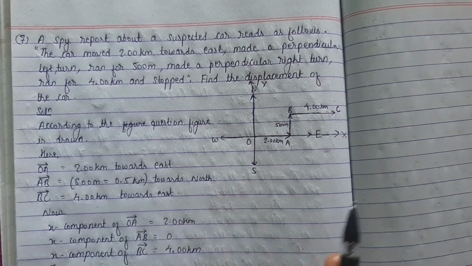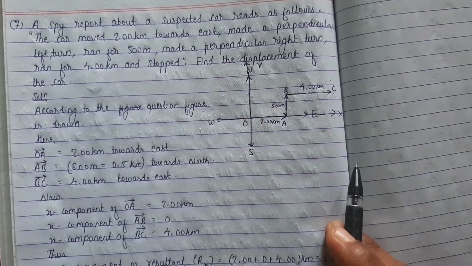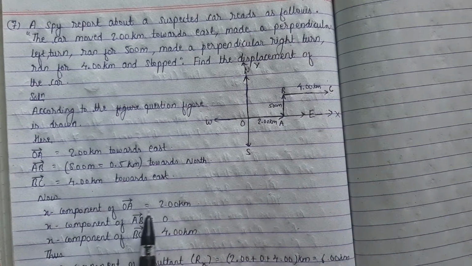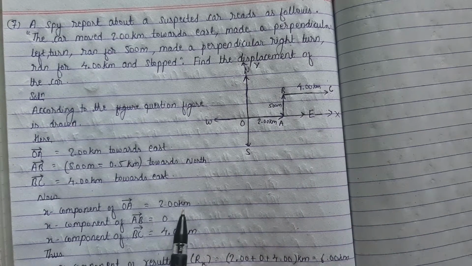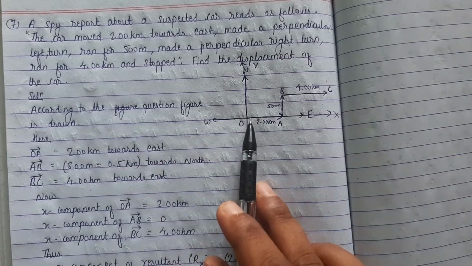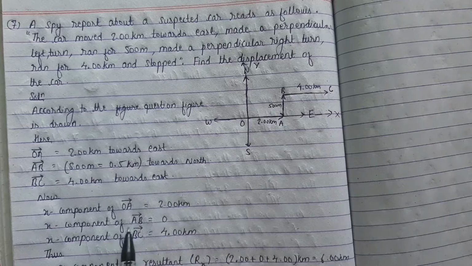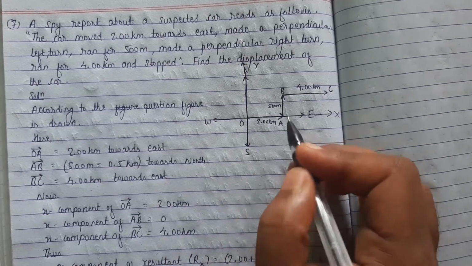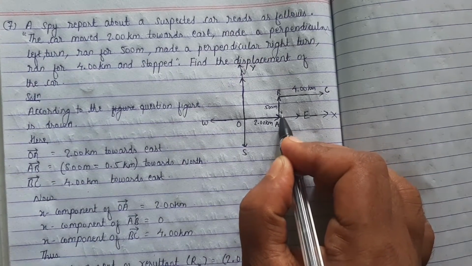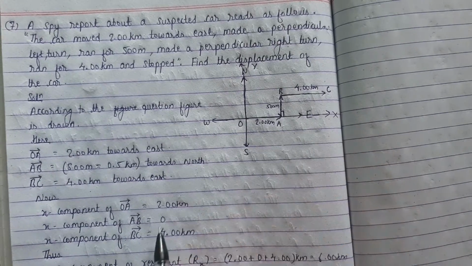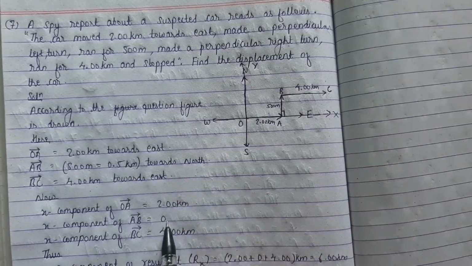Now let us get x component of each vector. X component of OA vector is equal to 2.00 km because it makes 0 degree angle with the x-axis. AB vector makes the 90 degree angle with the x-axis, thus its component towards x-axis will be 0.